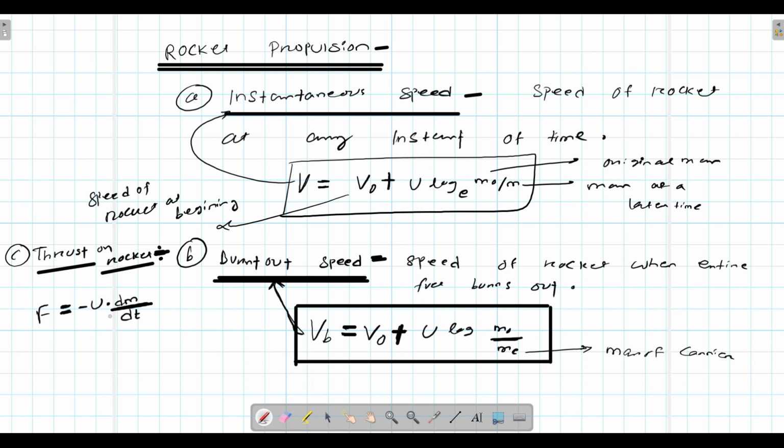That is the thrust on rocket. It is the force exerted by burnt gases on the rocket.